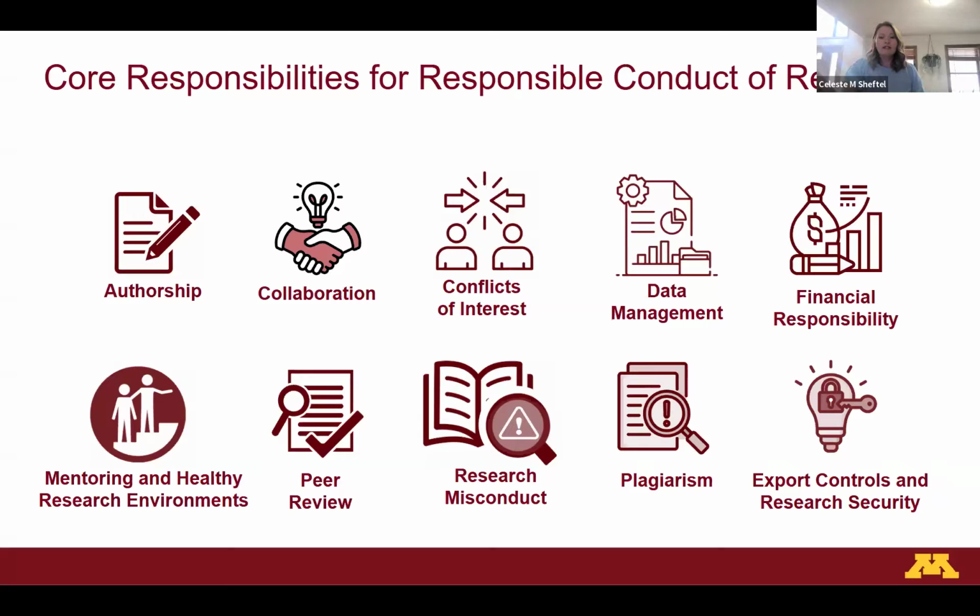Conflicts of interest and conflicts of commitment, declaring when needed, as well as data management. Financial responsibility with sponsored projects and proper use of your research funding. Mentoring in healthy research environments, peer review, research misconduct and plagiarism, understanding what is research misconduct and how you report it, and then export controls and research security.